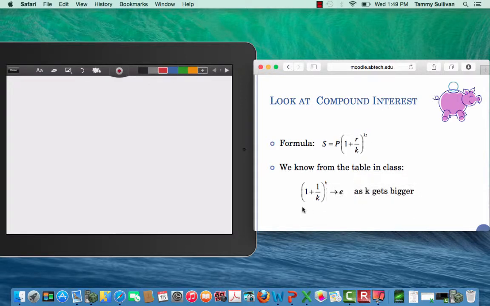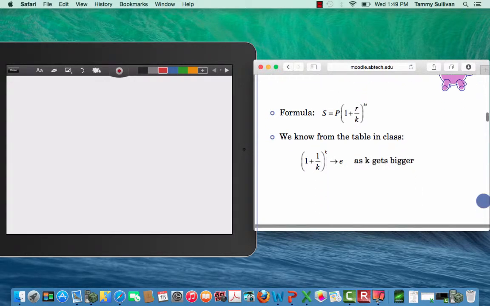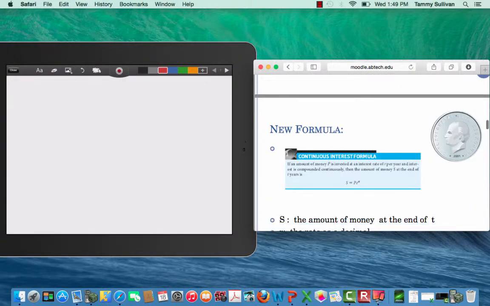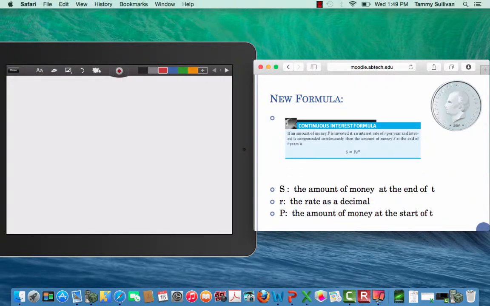Now we've just gone through and shown that 1 plus 1 over x to the x, so instead of having x's I have k's, that goes to e as k gets bigger and bigger. So what they've done is they come up with this new formula, and they call it a continuous interest formula. So to calculate your future value, you take your present value times e to the RT. It's a little bit simpler to use.